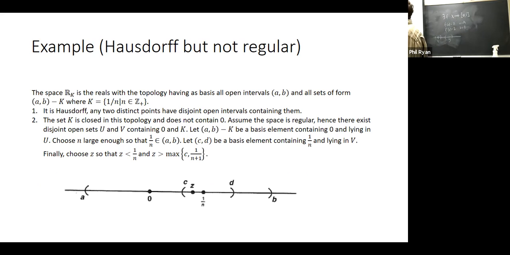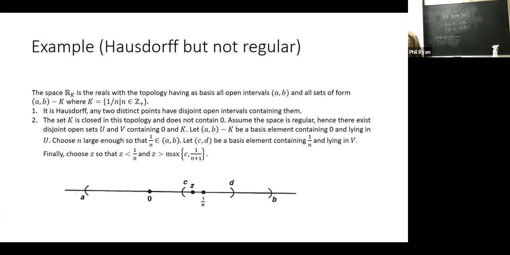We want to show that there's no disjoint open sets containing 0 and K. First, K is closed in this topology, because there's an open set (a, b) minus K. For example, if (a, b) is minus infinity to infinity, R minus K is open, so therefore K is closed.